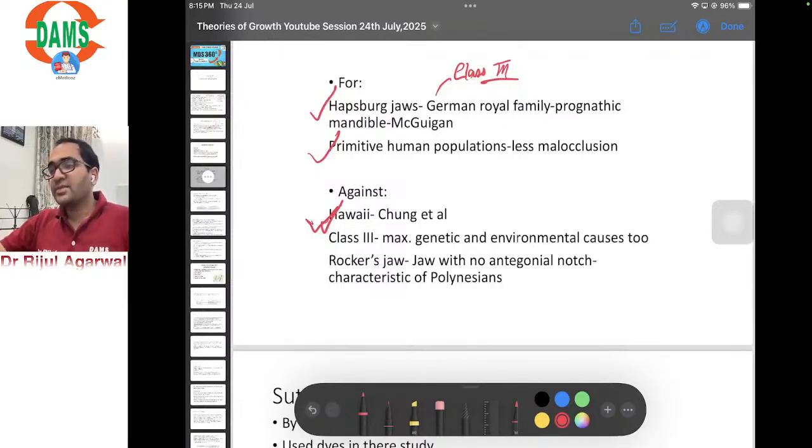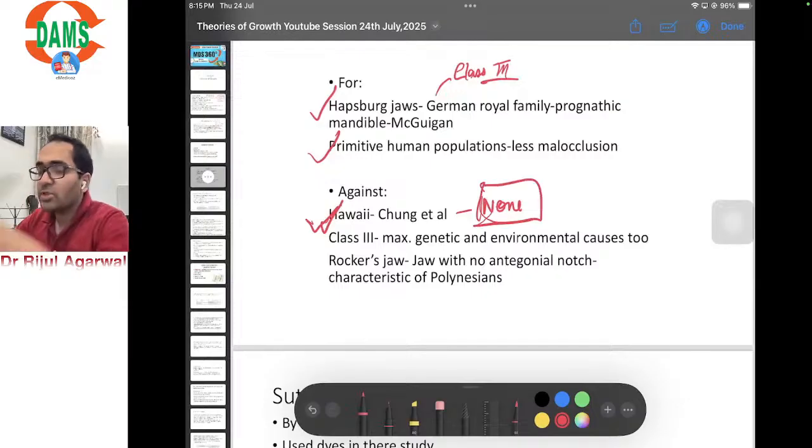But on further studies, it was found that no such result was found. The prevalence of malocclusion was at par with those who were living on the coastal areas or on the land rather than on the island. Okay, so hence this point went against this genetic theory.